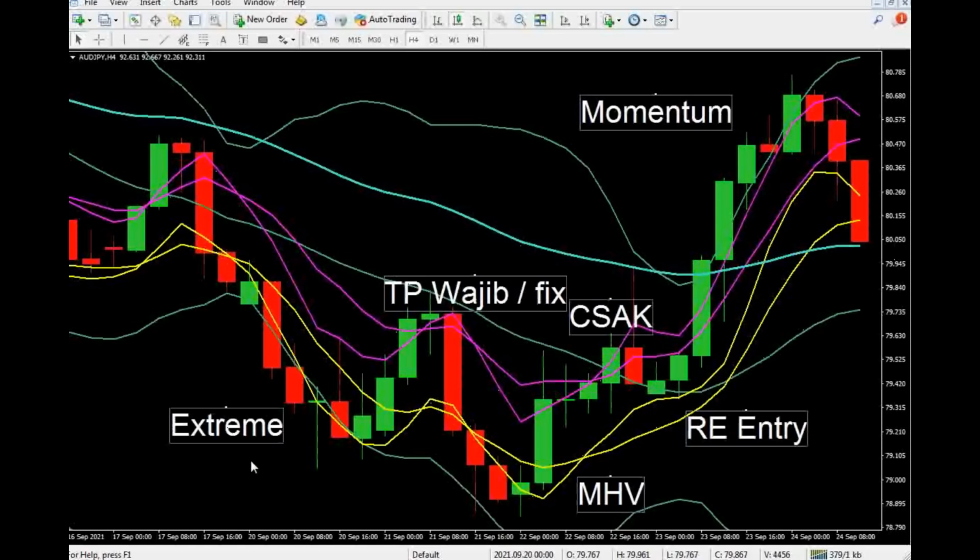The first one, people only watch and do nothing, because of what? Because the extreme signal, we can call it a signal, is a very high risk signal.